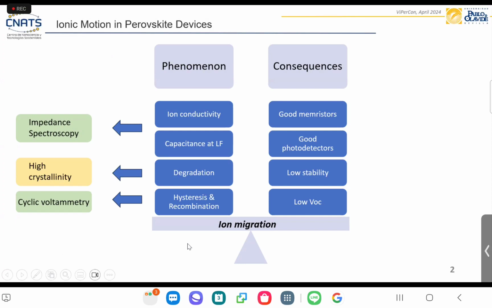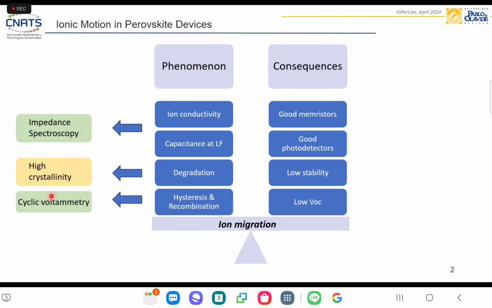They are related with hysteresis behavior and recombination processes, of course, related to degradation, capacitance at low frequency domain, and so on. So we will see how to analyze all these phenomena, these effects, using the typical cyclovoltammetry.